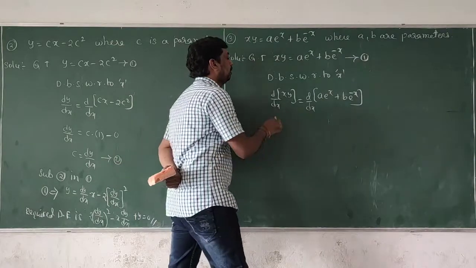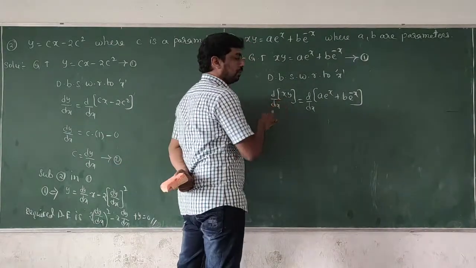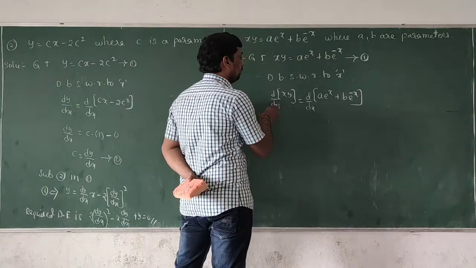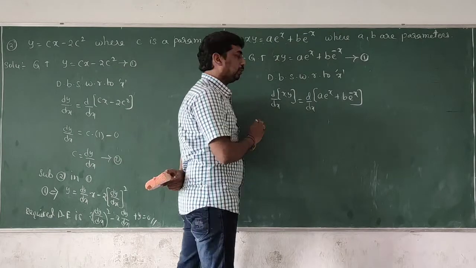Now these two are variables, so this is in the form of u into v. What is the formula for the derivative of u into v? u into dv by dx plus v into du by dx.